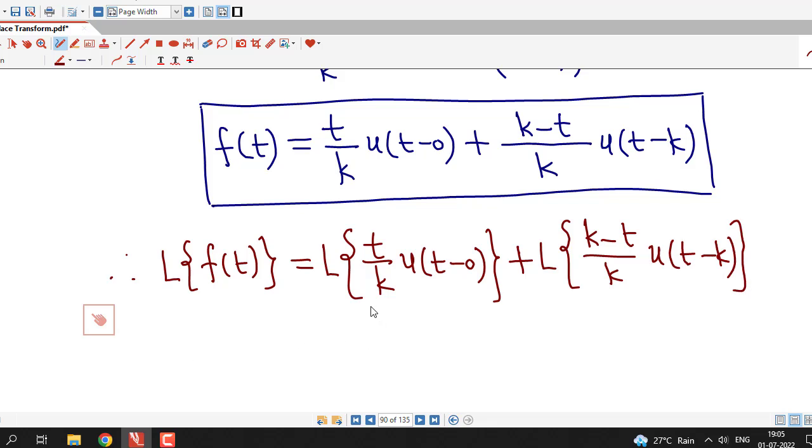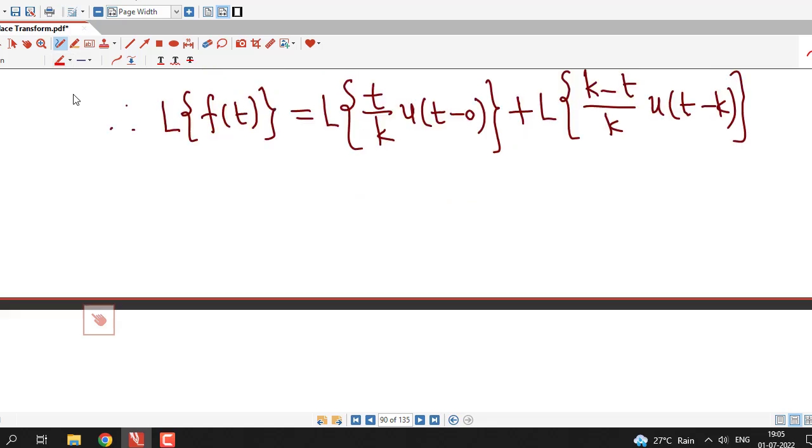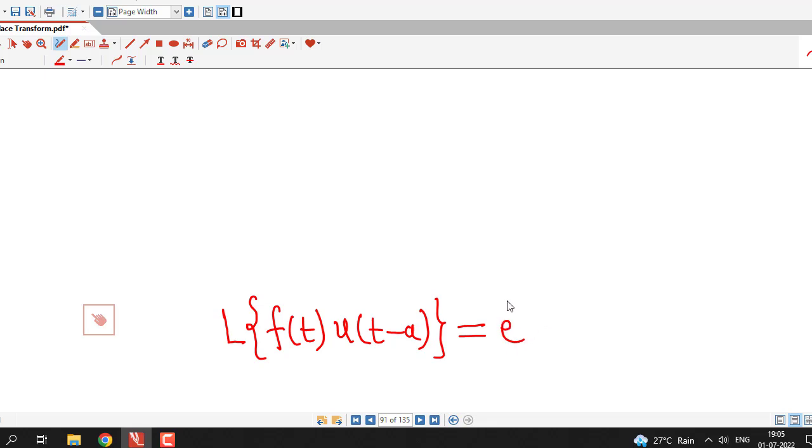And now using the alternative form of the second shifting theorem, if we recall, it says that if our function f of t is multiplied by a unit step function at point a, then this Laplace transform is equal to e raised to minus as times the Laplace transform of this function after we replace t by t plus a.